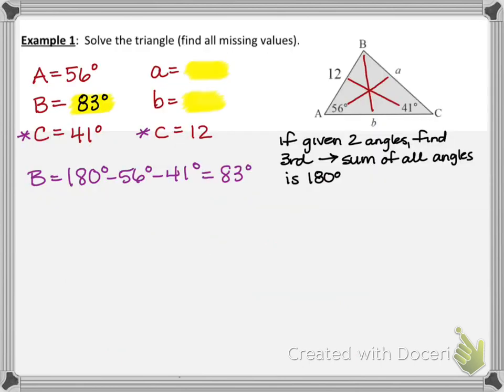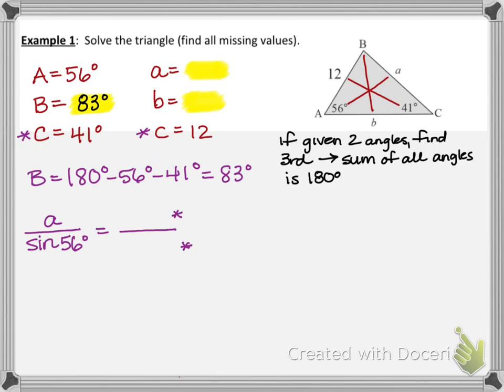So I'm going to start out here. Little a, which is what I'm looking for, over sine of capital A, which in this case, capital A is 56 degrees. And then I'm going to set it equal to another fraction. This fraction on the right-hand side of the equal sign is the one that I always want you to put the asterisk information in, okay?